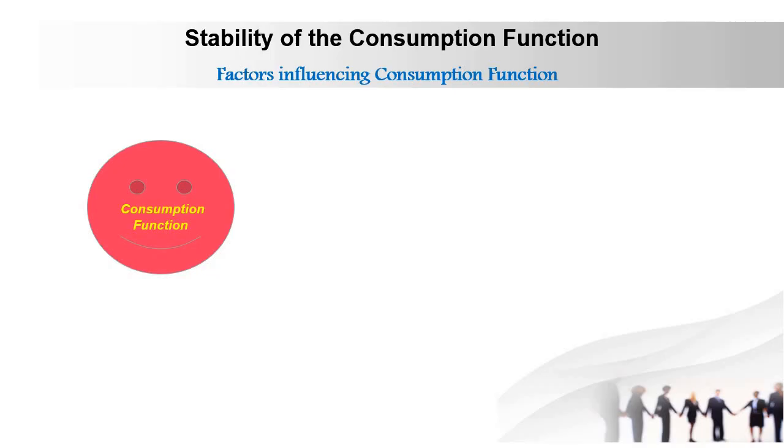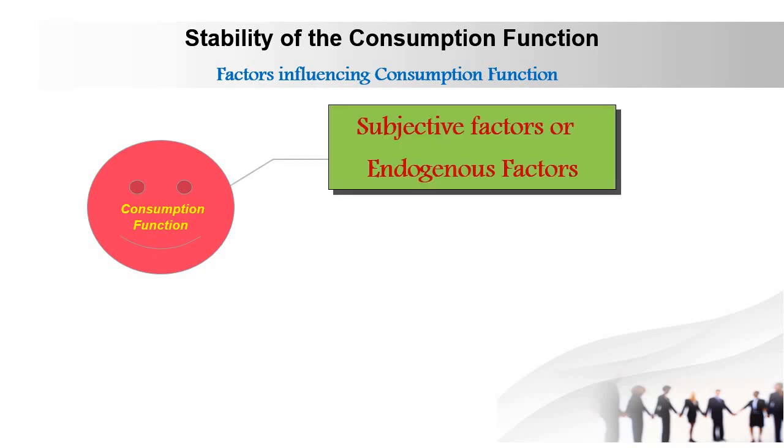Next we move on to the stability of the consumption function. Keynes held that the consumption function is a stable phenomenon in the short run, with the help of certain factors. Those factors influence the consumption function. They are classified into two categories. One is the subjective factors or endogenous factors.